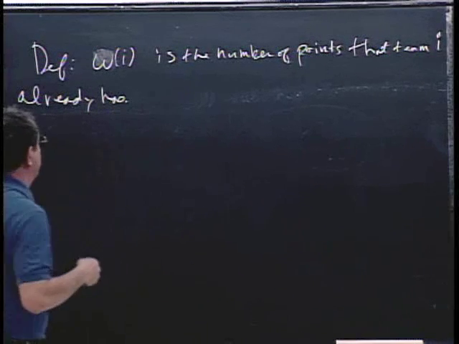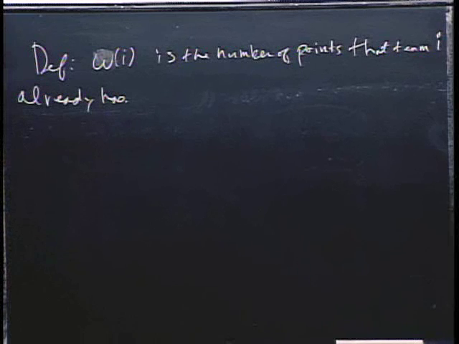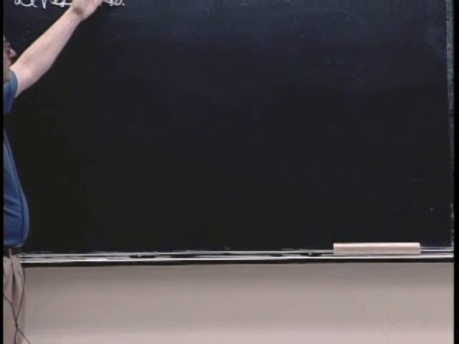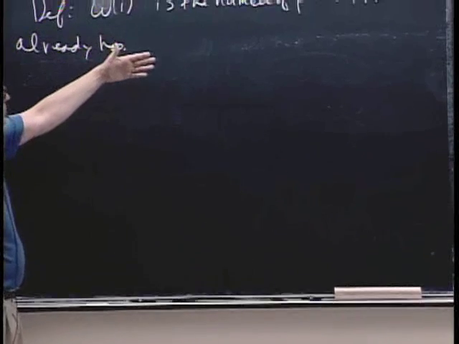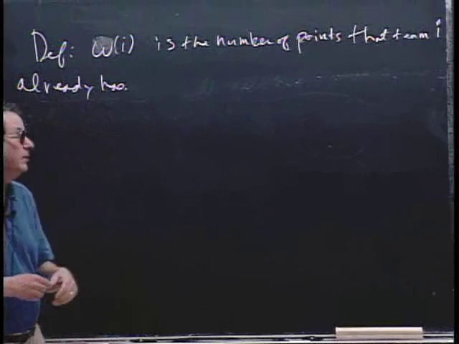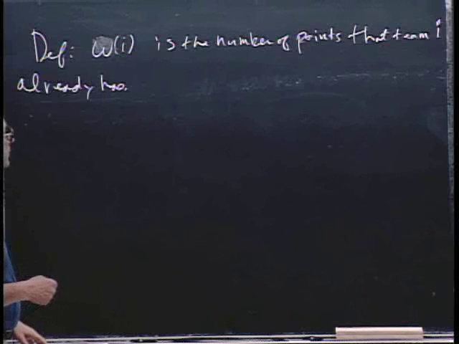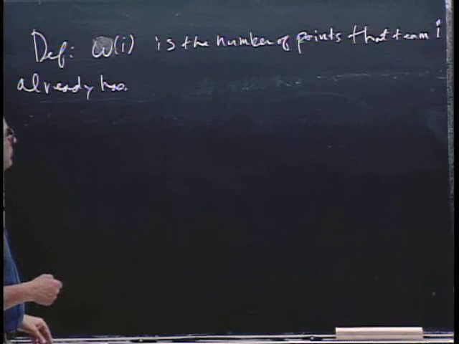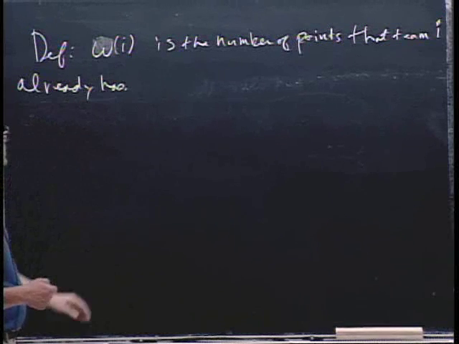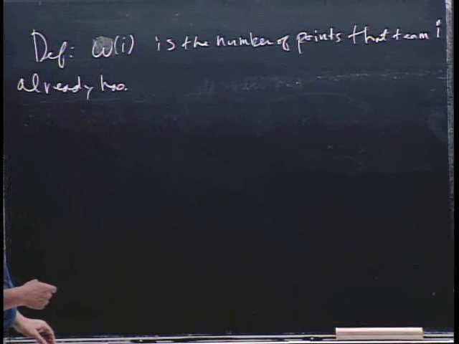So remember, we're close to the end of the season, and team i has played various games, and out of the games, it's accumulated a certain number of points. In the case of baseball, the number of points is exactly equal to the number of games that have been won. But in the general setting, where you can get different numbers of points for winning or for tying, this is the number of points that team i has already accumulated.